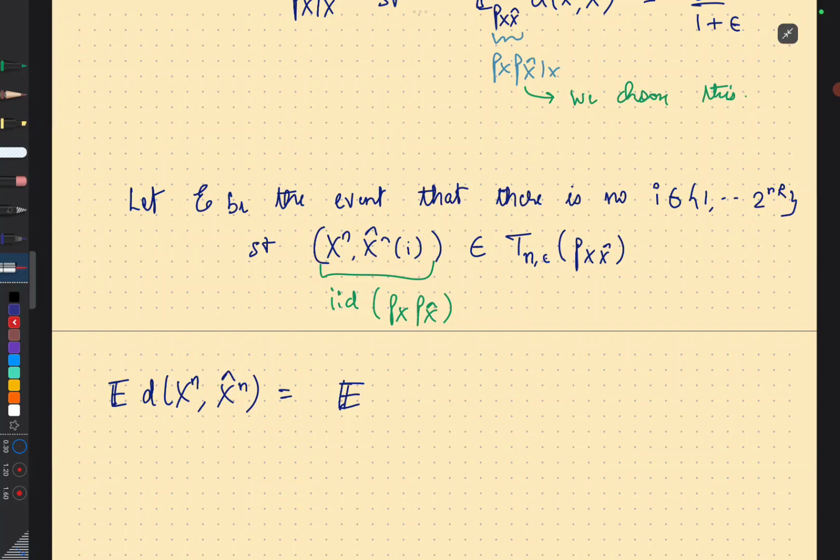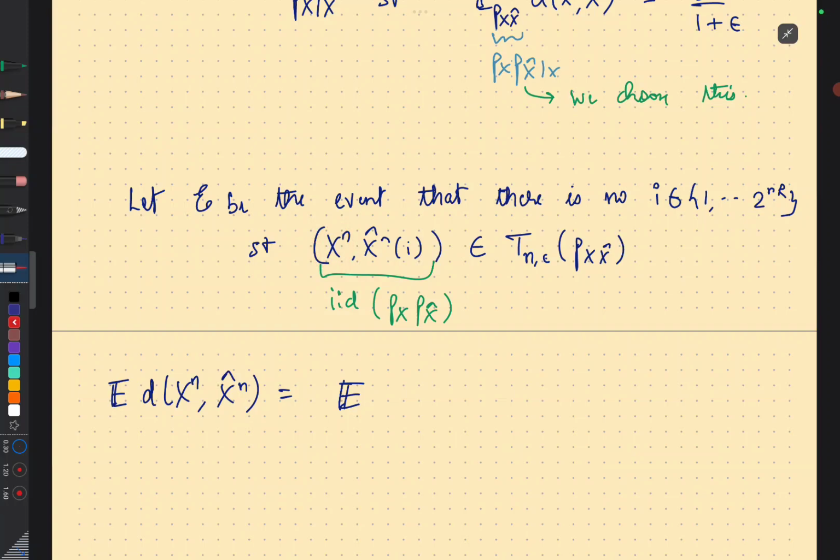Yes, it is Px times Px hat. That's the point that I'm trying to make. But it depends on the source. Which one? The distribution of Xn and Xn hat of i. It has a term Px. Correct, exactly, because this is distributed according to Px.